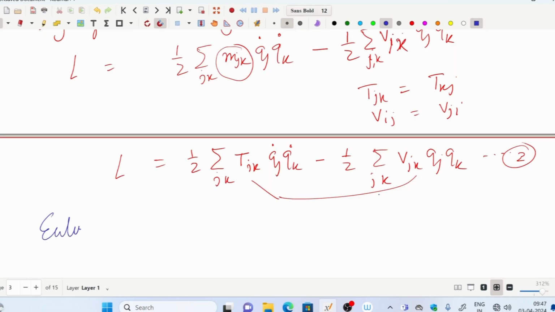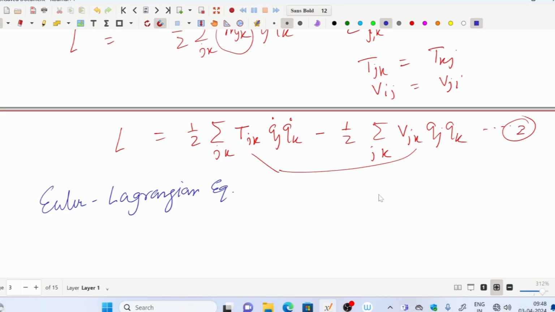If you calculate the Euler-Lagrange equation for this system for, say, the q_j coordinate, you will get the sum over j of T_jk q_j double dot plus the sum over j of V_jk q_j equal to 0.